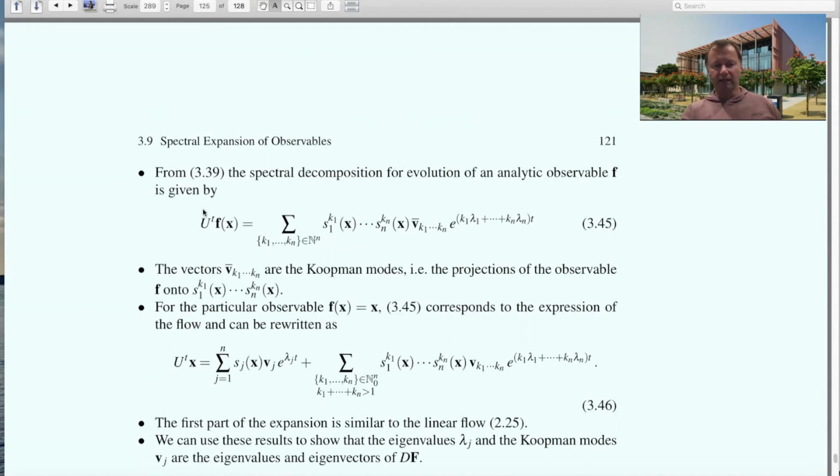So when you apply the Koopman operator to an observable f, it really produces a sum of this form, where again, just like we had for nonlinear observations on linear systems, the eigenvalues associated with it in the spectral expansion are integer combinations of the first n eigenvalues, or the eigenvalues of the linearization. And so again, for a nonlinear system, knowing a finite number of eigenvalues and working in the analytic category, we know them all.